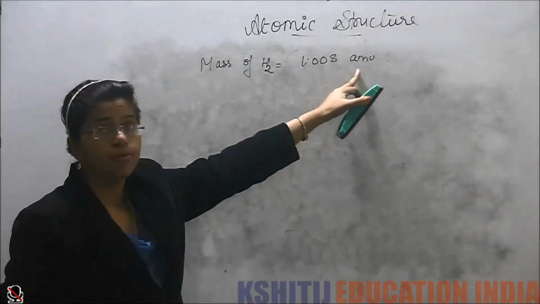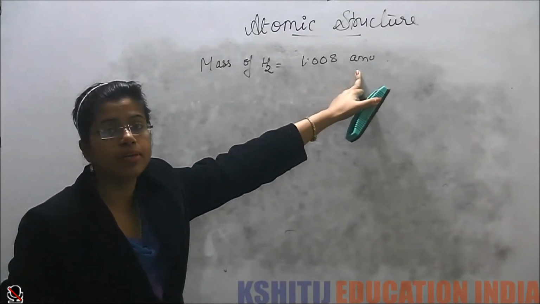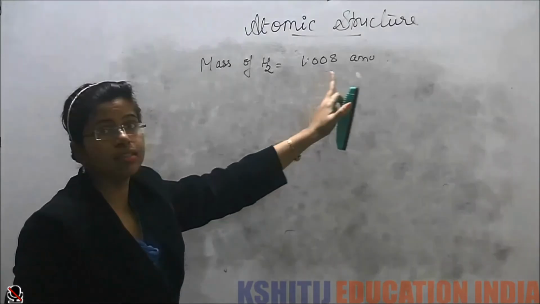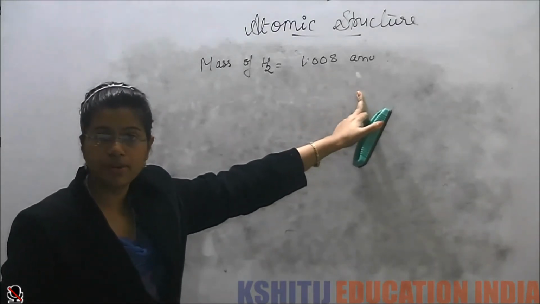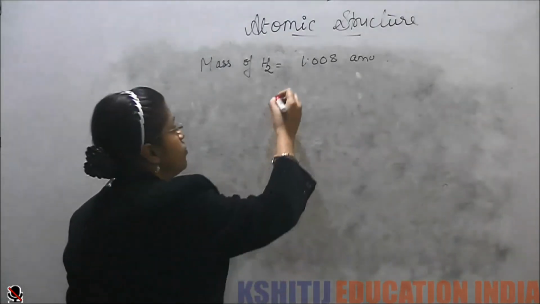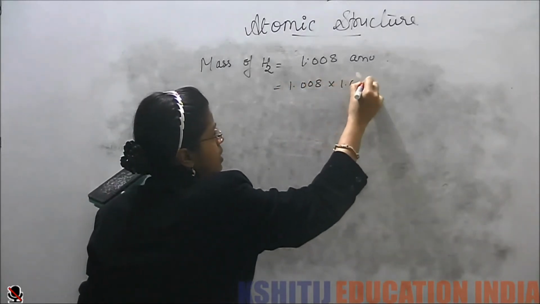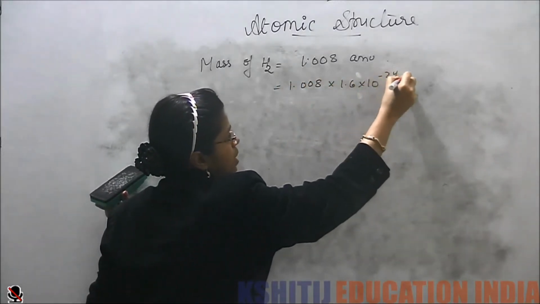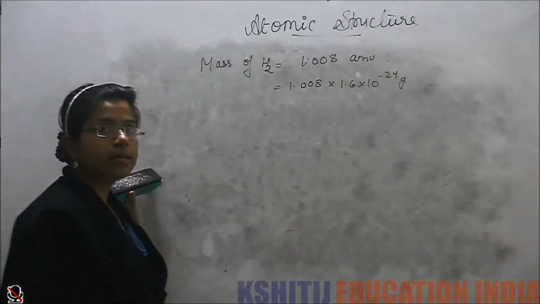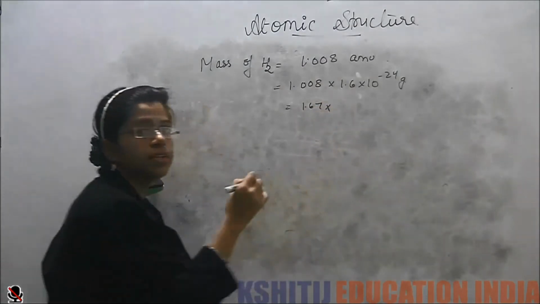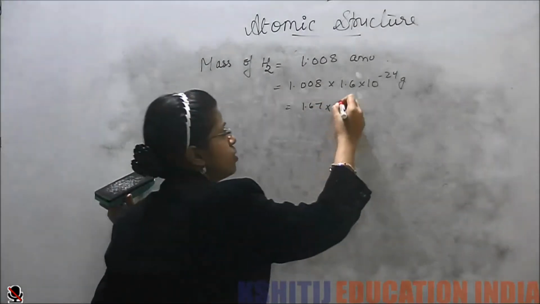We know 1 AMU is equal to 1.6 × 10^-24 gram. So let us convert this mass into grams. So it would be 1.008 × 1.6 × 10^-24 gram. That comes as approximately 1.67 × 10^-24 gram.